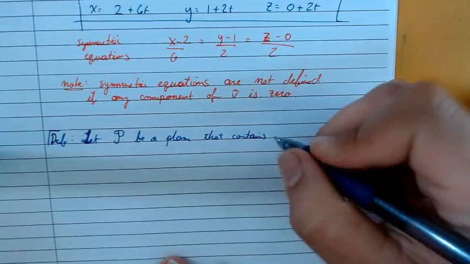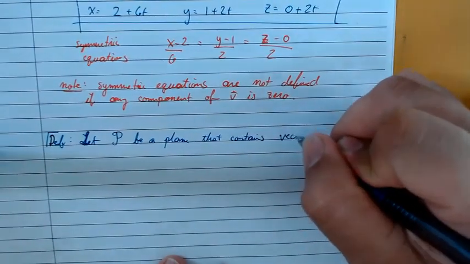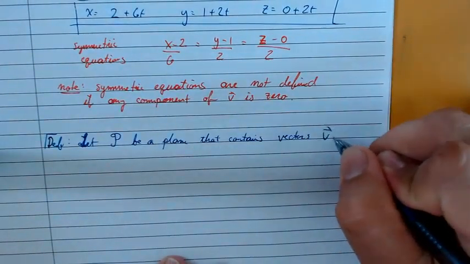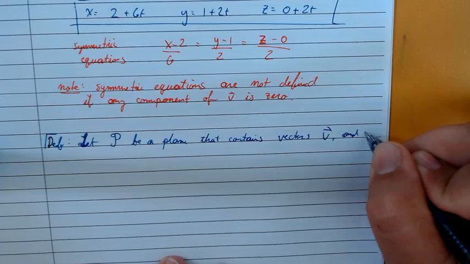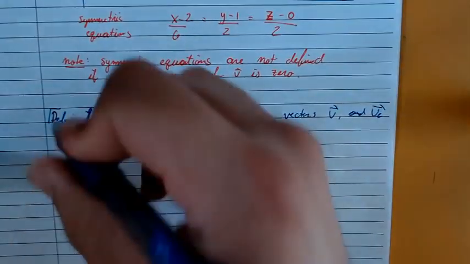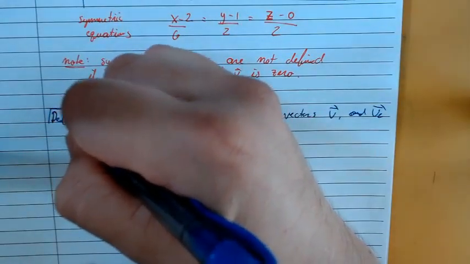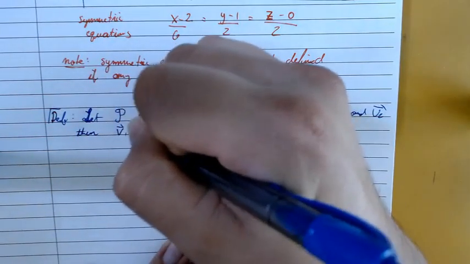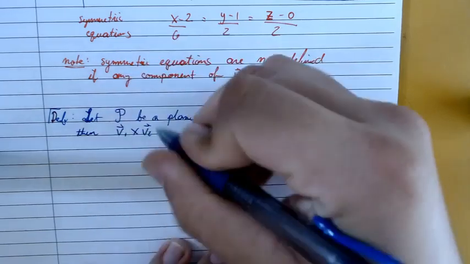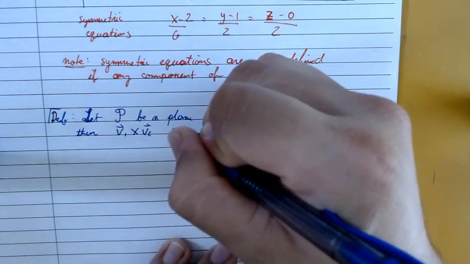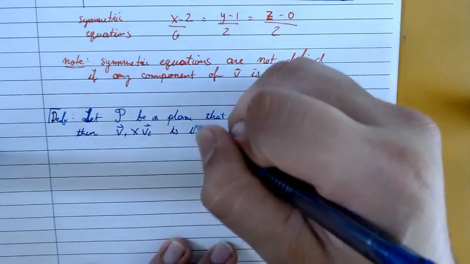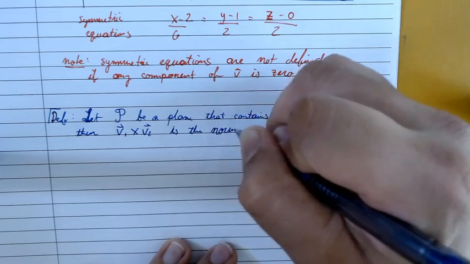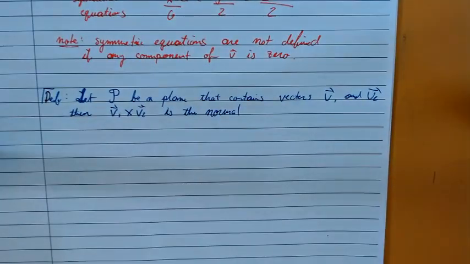That contains the vectors, and we'll call these V1 and V2. Then V1 cross V2 is the vector normal to the plane.